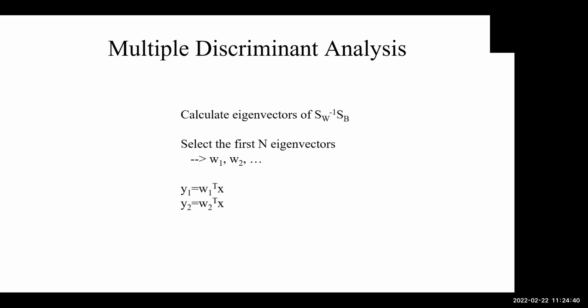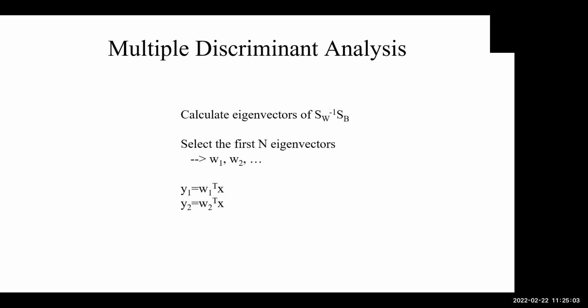The bigger ones are stronger. And so if we want to, instead of projecting to one dimension, pick 3 eigenvectors, you can project it down to 3 dimensions, 8 down to 3.